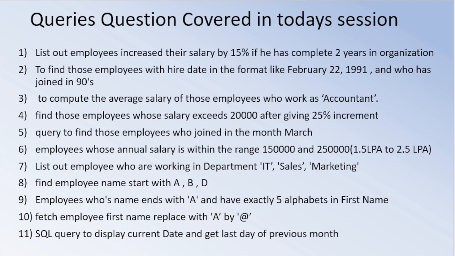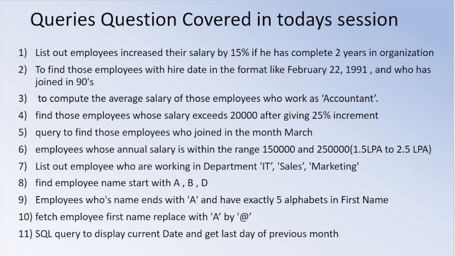Eighth is find employees whose name starts with alphabets such as A, B, D. Ninth is employees whose name ends with A and have exactly 5 alphabets in the first name. Tenth is fetch the employee first name and replace the A alphabet with the at-the-rate character. And lastly, a SQL query to display the current date and also get the last day of the previous month.